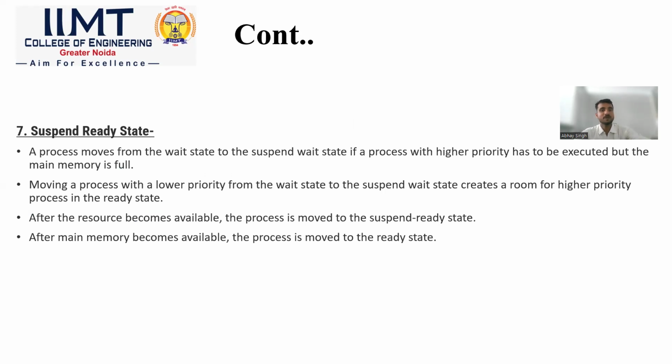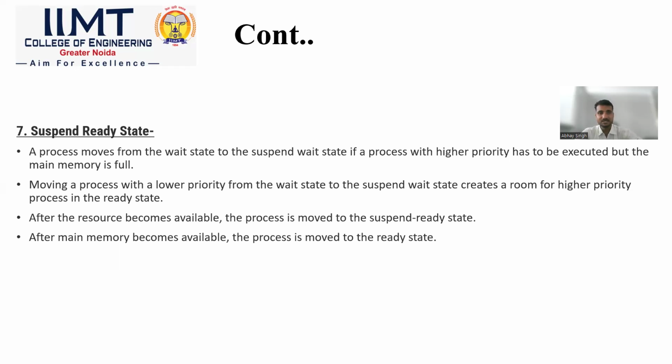Next, a process moves from the wait state to the suspend wait state if a process with higher priority has to be executed but main memory is full. Moving a process with lower priority from the wait state to the suspend wait state creates room for a higher priority process in the ready state.